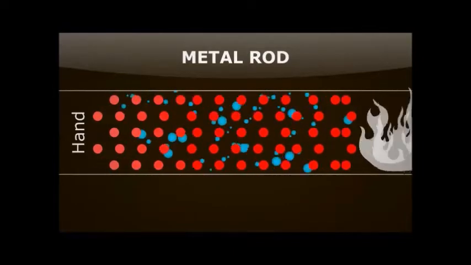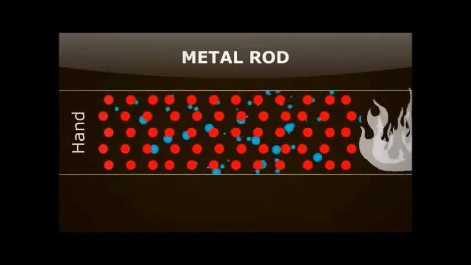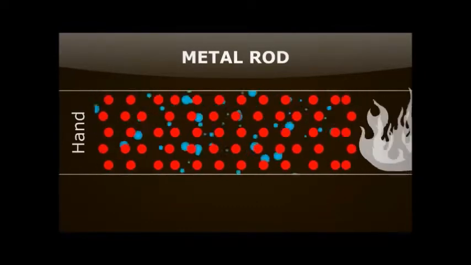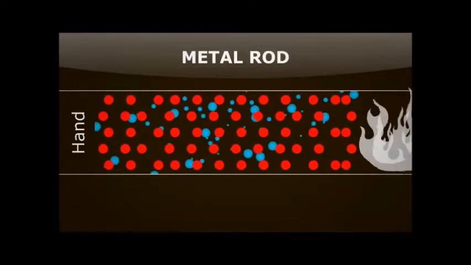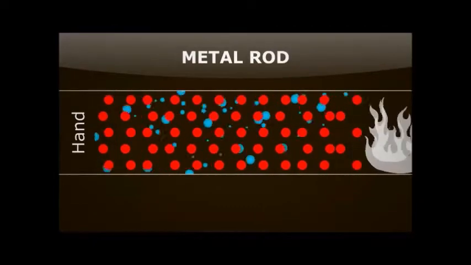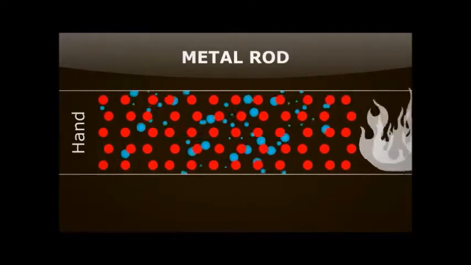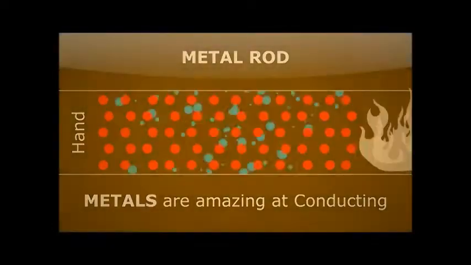The heat you feel is transported along the rod by conduction. Thus, conduction depends on the type of materials involved. Some materials called conductors conduct heat very well, whereas other materials called insulators conduct heat poorly.